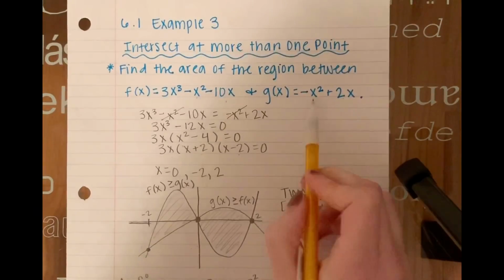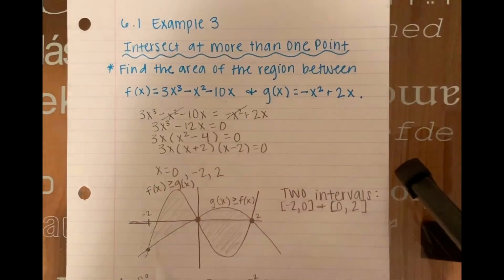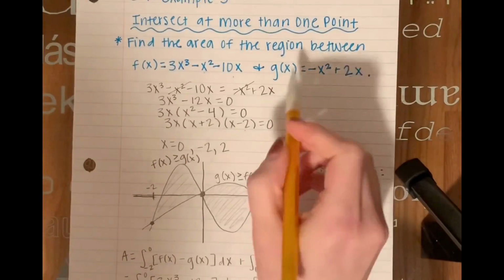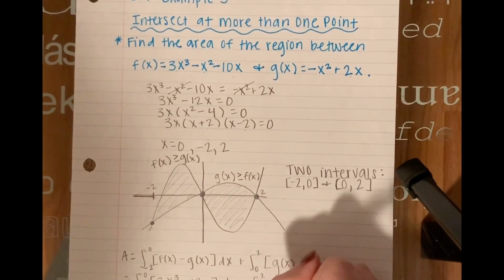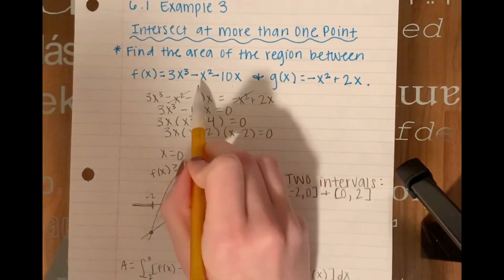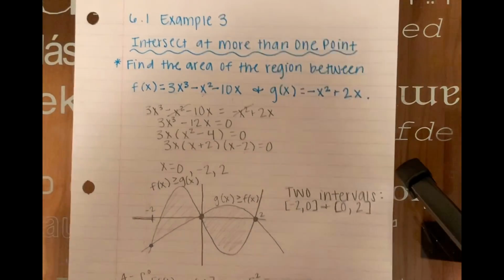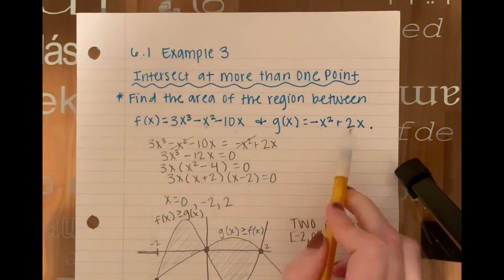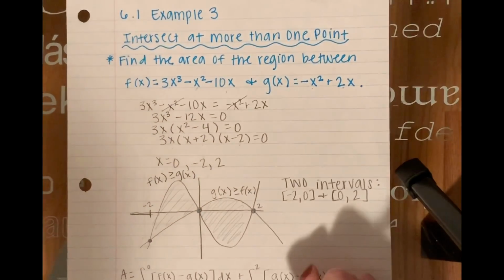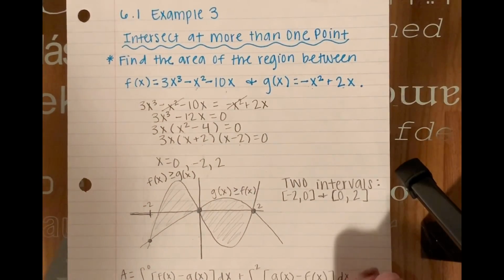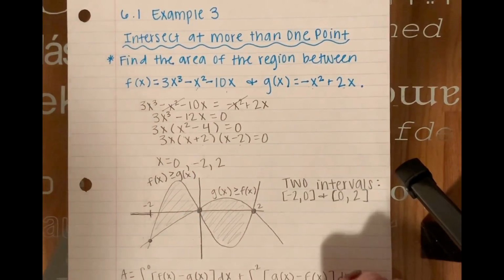So we should have negative x squared. We'll have the 3x cubed again, but it'll be negative. So negative 3x cubed, negative x squared plus x squared, so that goes away as well. And then 2x minus negative 10x, so plus 10x, so that should be 12x dx.